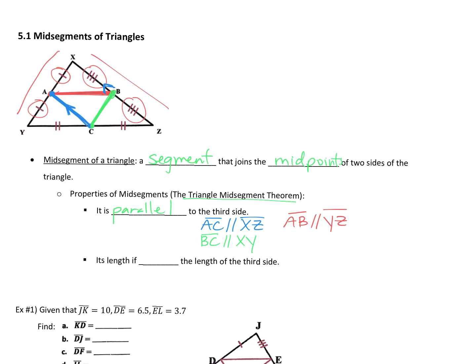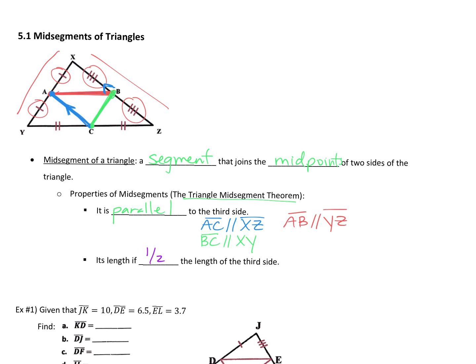And then the other part, and this is the part that we probably deal with more, the thing that we're going to use a lot in this section, it says its length. So the length of a mid-segment is half the length of the third side. So the two sides that are parallel, the one is half the length of the other.